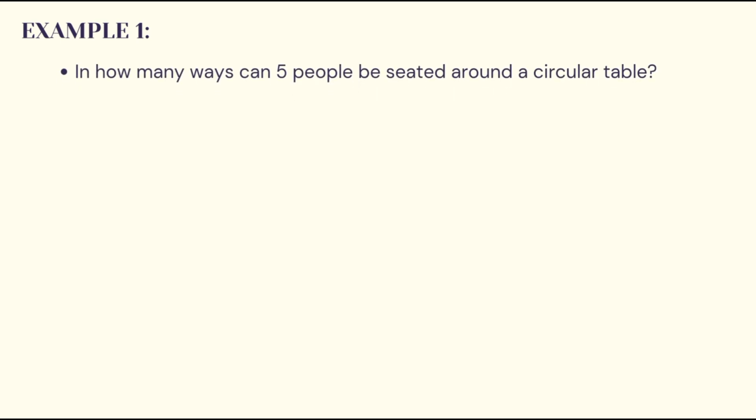Example number 1. In how many ways can 5 people be seated around a circular table? This problem is an example of circular permutation. So, we will use the formula P equals the quantity n minus 1 quantity factorial.